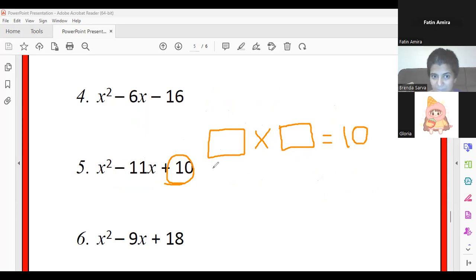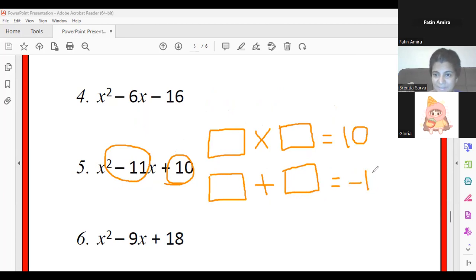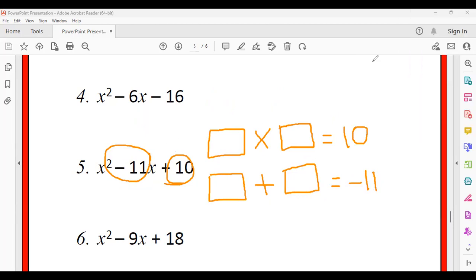Got it? And that same number, something plus something is going to give me the center term, which is negative 11. Do you understand now? So you got to create this first. You got to create this, and then you got to work with your knowledge of factors.